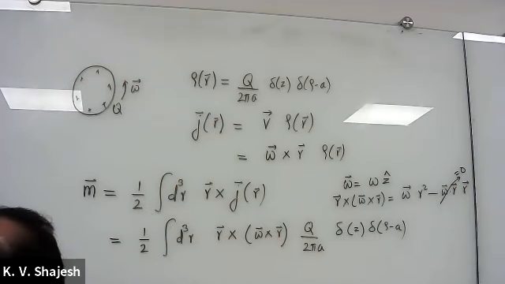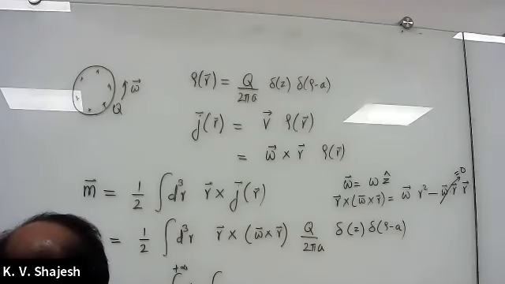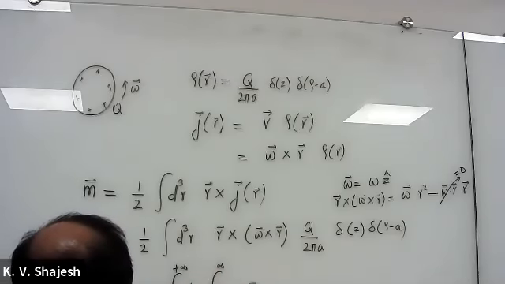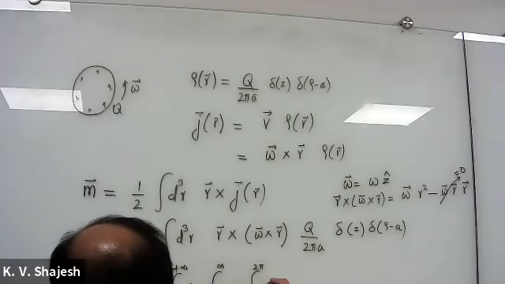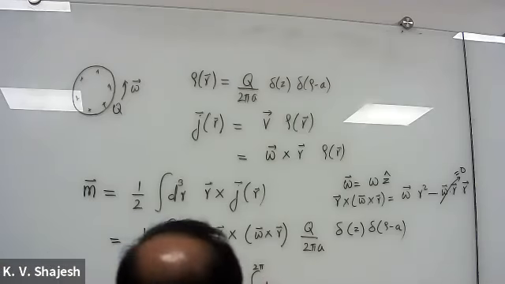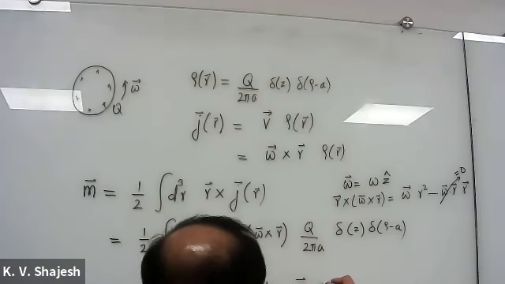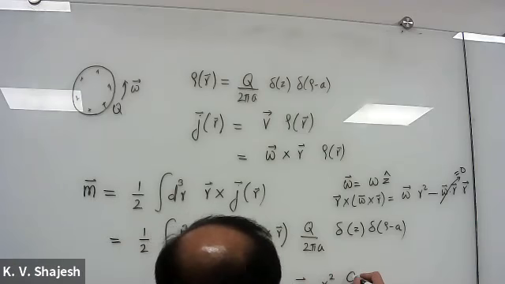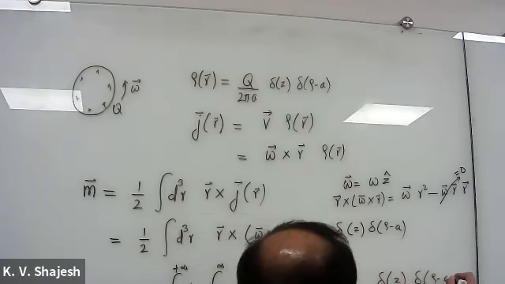So it's 1 by 2, minus infinity to plus infinity dz, 0 to infinity rho d rho, 0 to 2 pi d phi, and we have omega times r squared, q over 2 pi a, delta of z times delta of rho minus z.